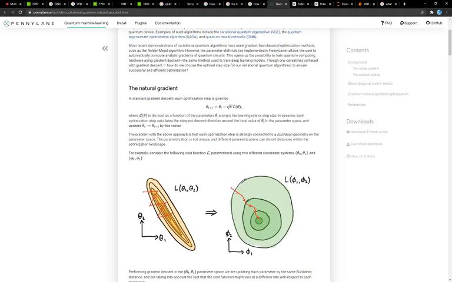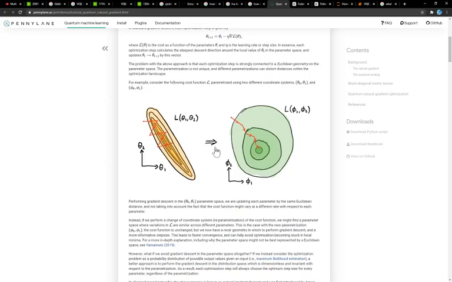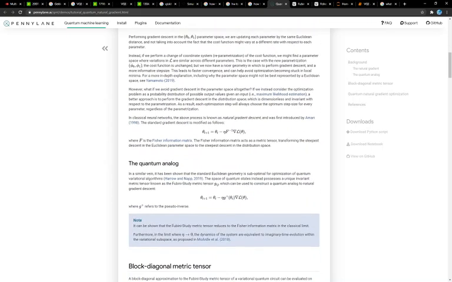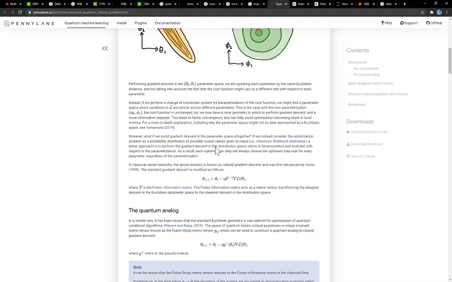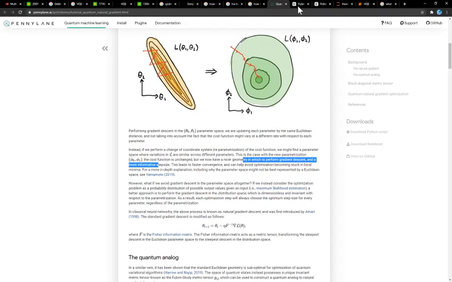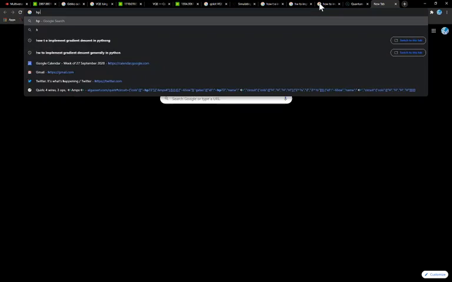But still, how do you calculate gradient descent? That's something I'd definitely like to know, just for my own curiosity, I guess. So, one last try.